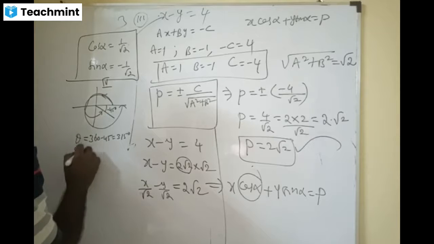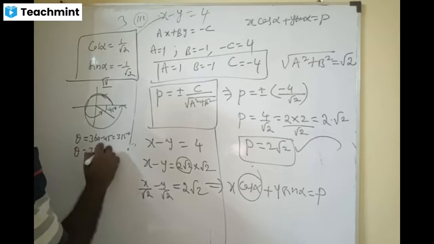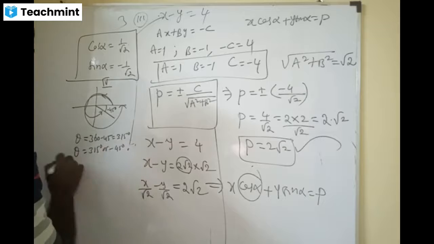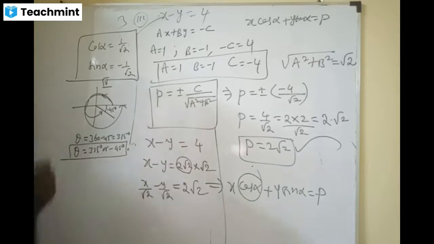So theta is either 315 degrees or minus 45 degrees. Both answers are correct. You can check the answer they have given in the book.